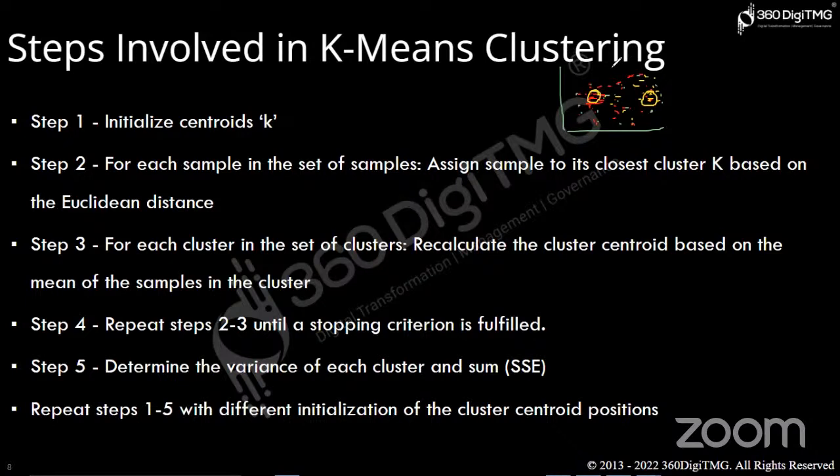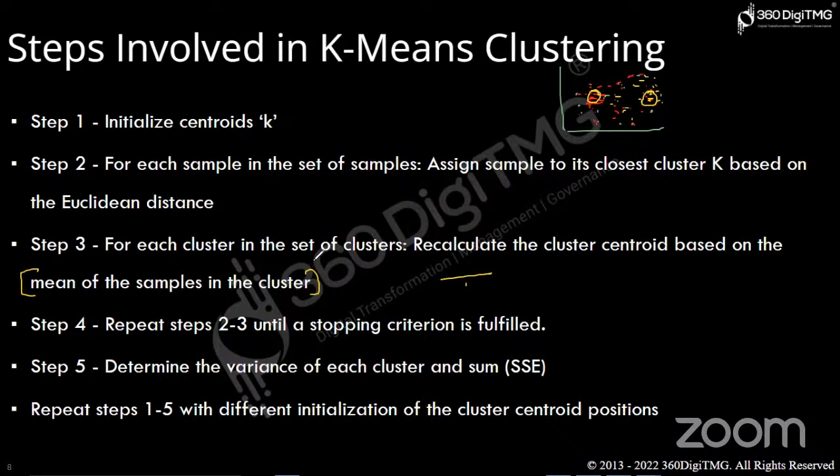Now the process doesn't stop here. What happens in the next step? For each cluster in the set of clusters, we are going to recalculate the cluster based on the mean of the samples. So we are going to add all the data point values and take the mean value.